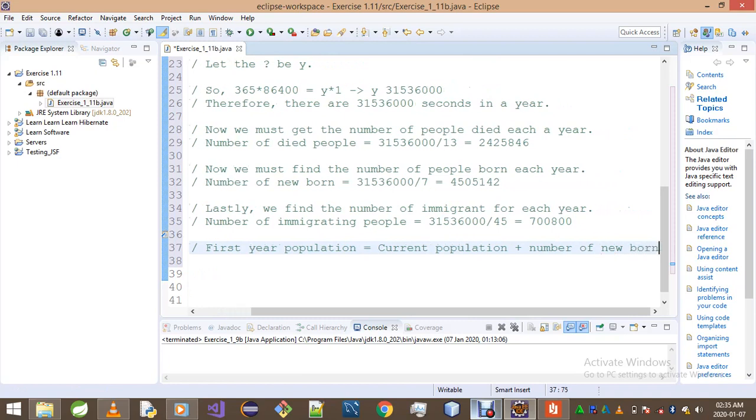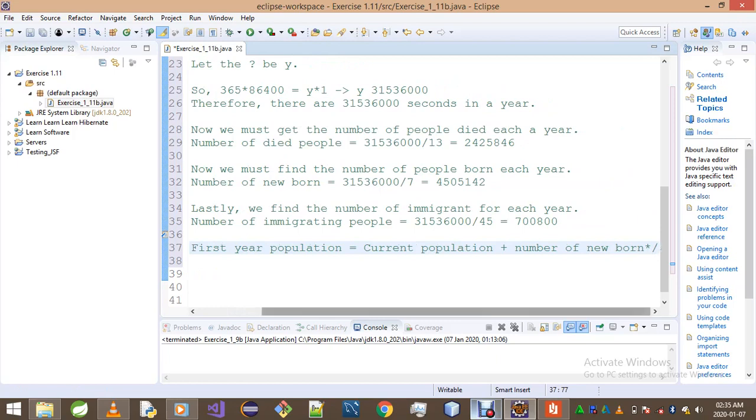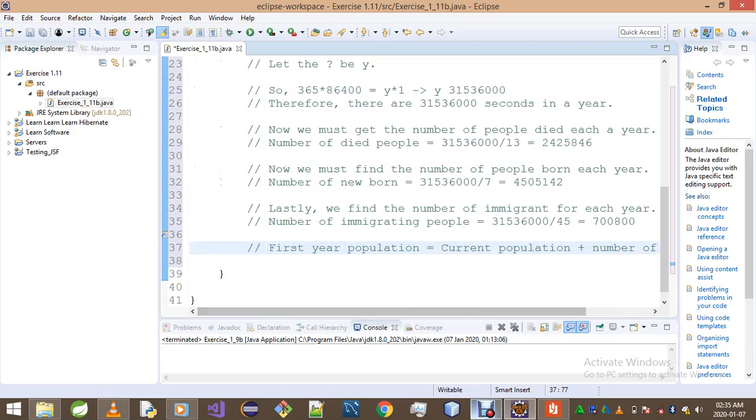In fact, I'm supposed to make this a multi-line comment.